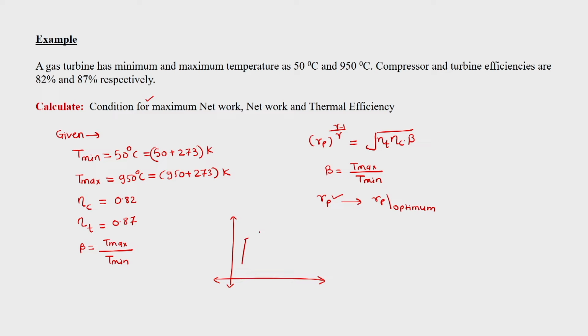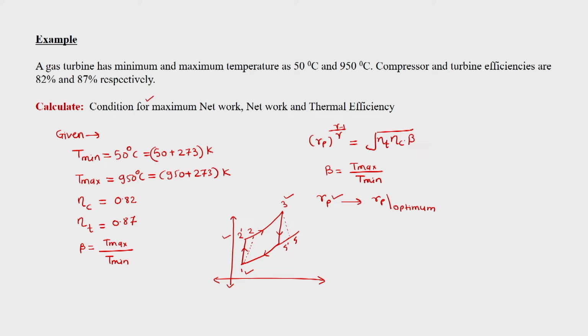In this TS diagram, 1, 2, 3 is the isentropic ideal cycle, and then there are 2 dash and 2, and 4 dash and 4. We know everything at T1, we know only the pressure at 2, we know the temperature at T3, and we do not know the temperature at 4.